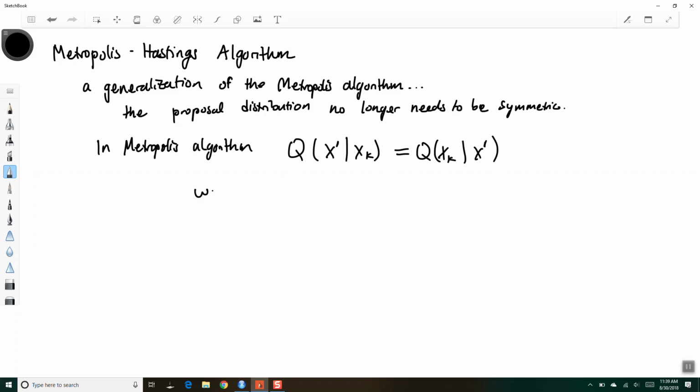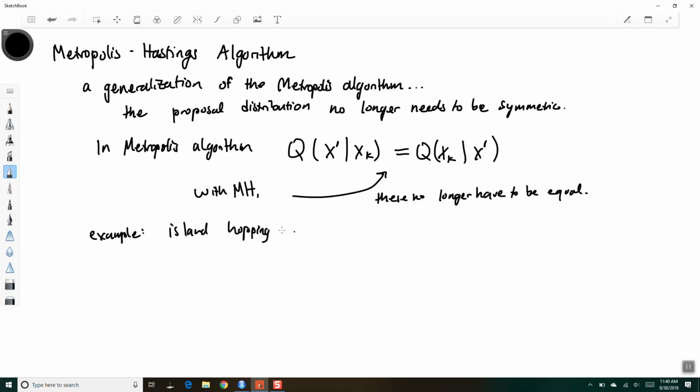With Metropolis Hastings, these no longer have to be equal.